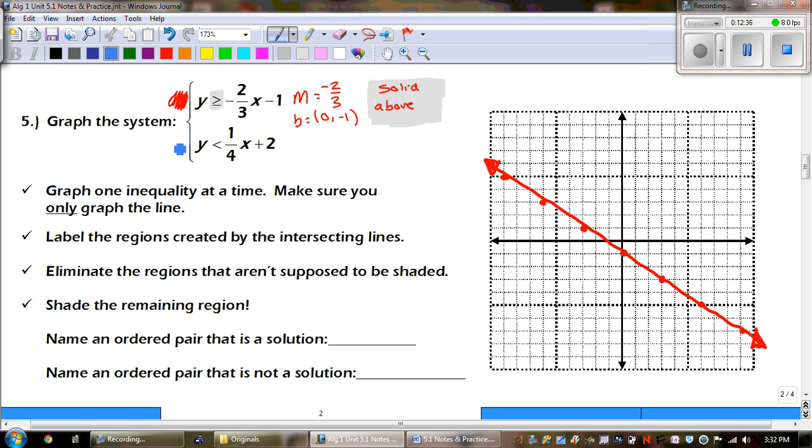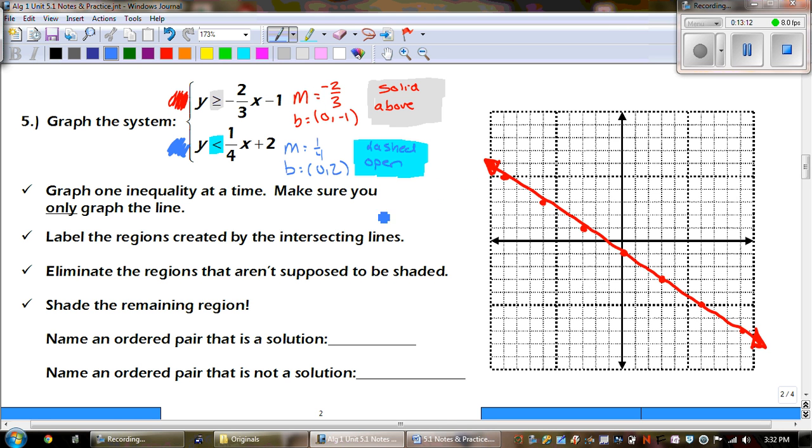Okay, my next line, I'm going to graph in blue. So once again, I need to know my slope is 1/4. And our b, where we begin, is going to be 0, 2. Okay, so for this line, that inequality symbol, it's less than, which means it's going to be dashed, and it's going to be open.